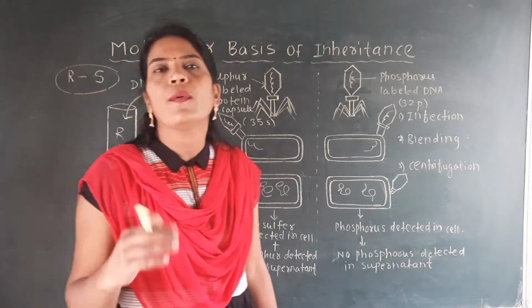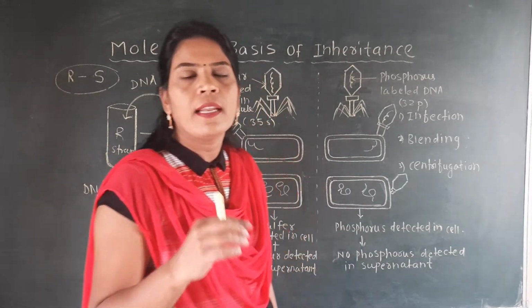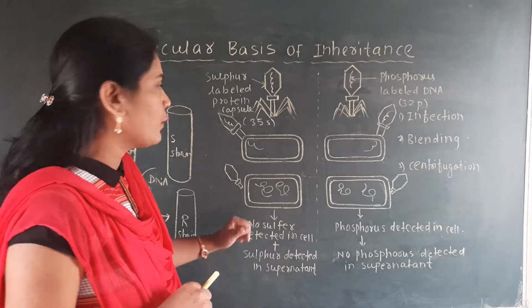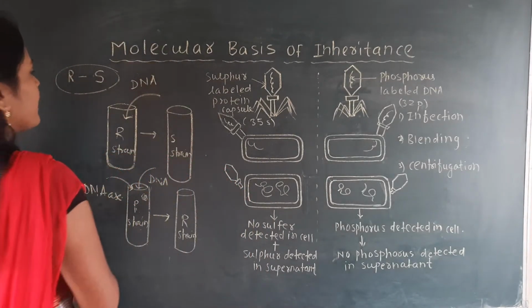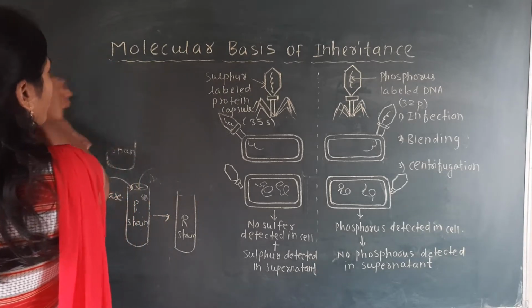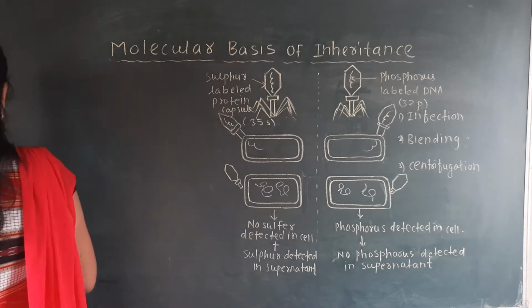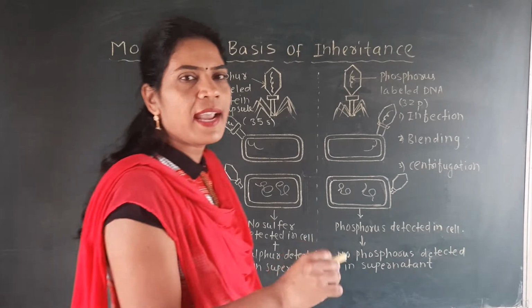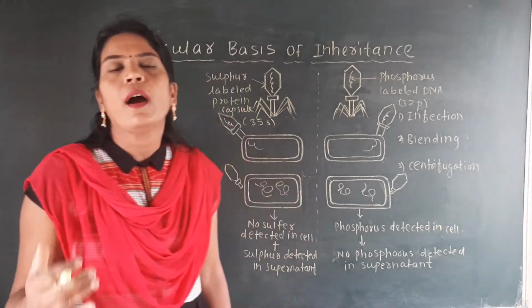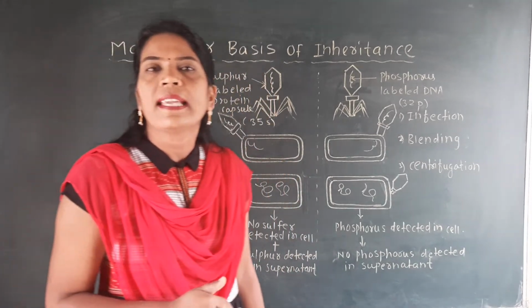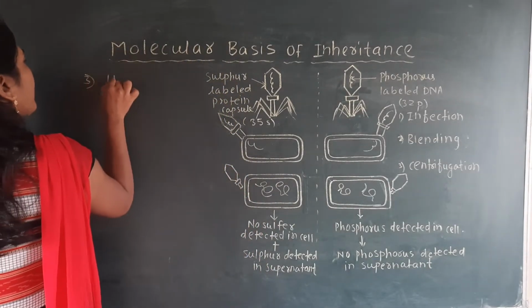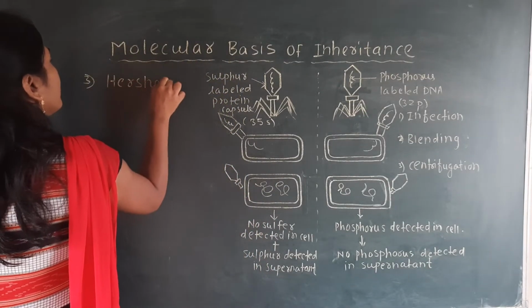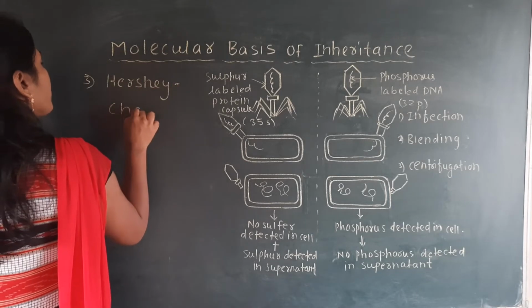Then the third experiment that we are to see here is the Hershey and Chase experiment. This diagram is drawn here on the board, and it shows how Hershey and Chase carried out their experiment. So the last and third experiment that we are going to discuss is the Hershey-Chase experiment.